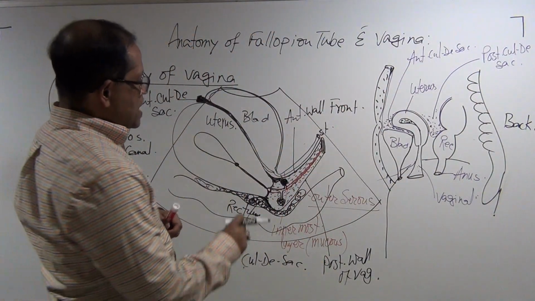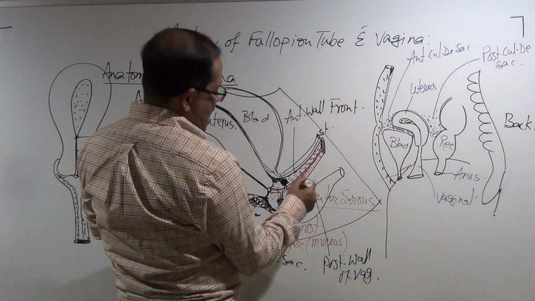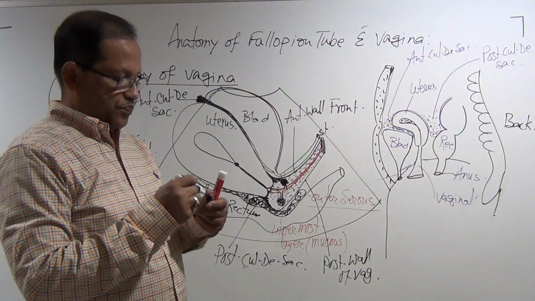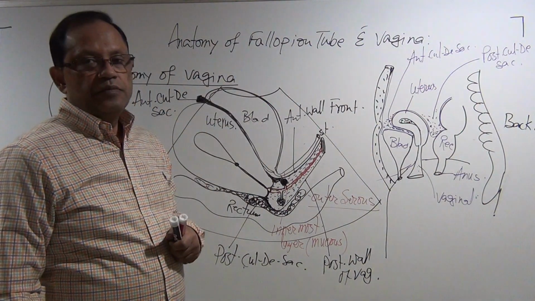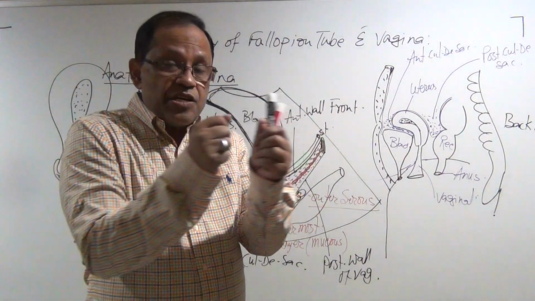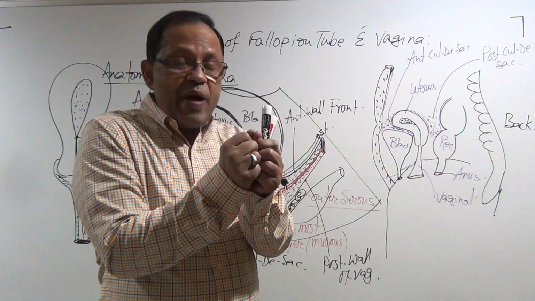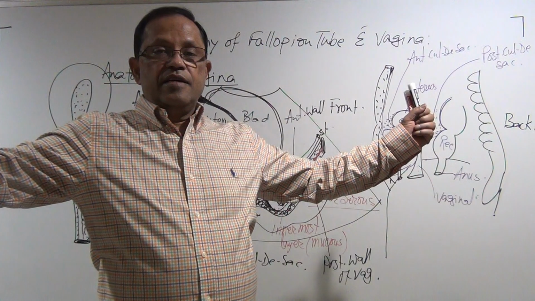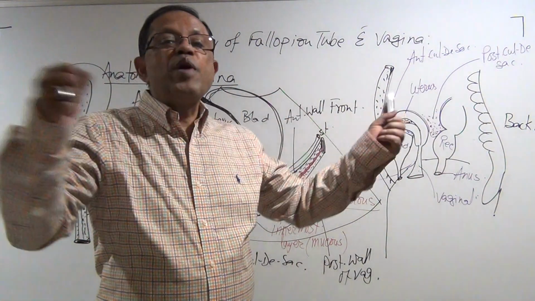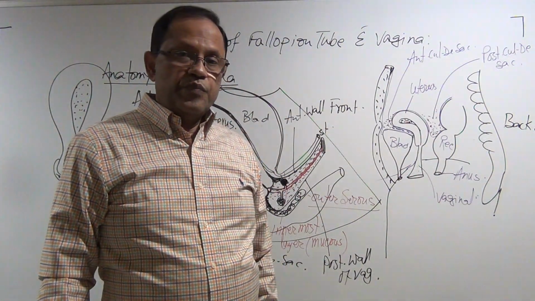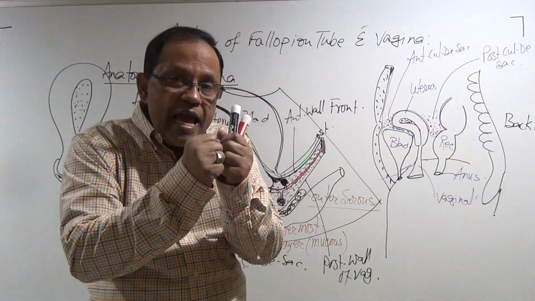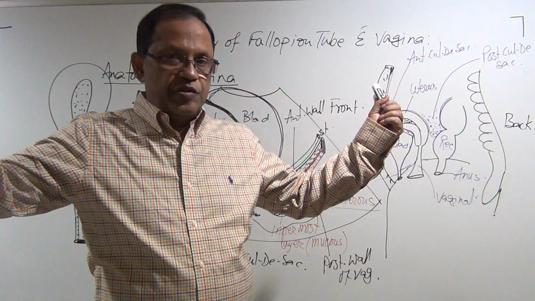Okay, so normally this vaginal wall is corrugated and wavy in a relaxed condition. But when it is expanded, it is no longer wavy. And it has a tremendous squeezing and expanding nature.